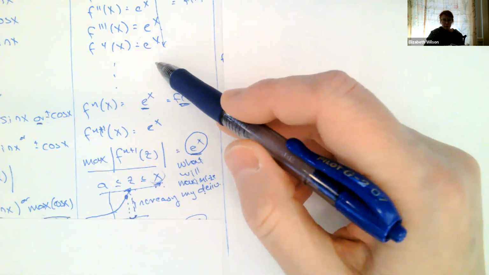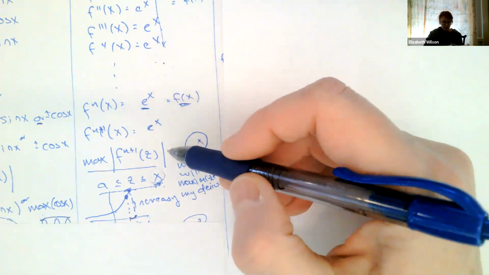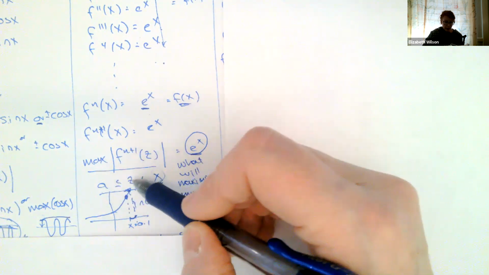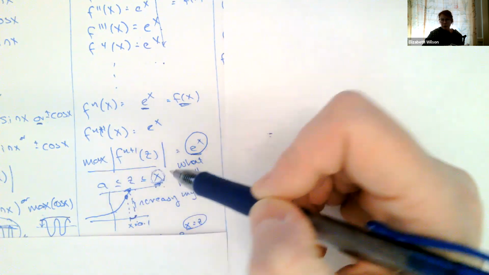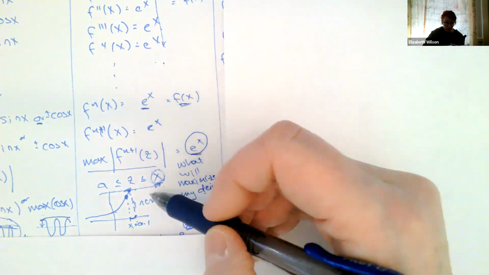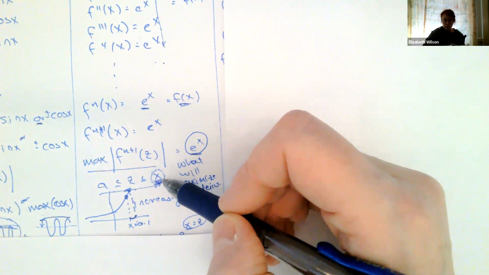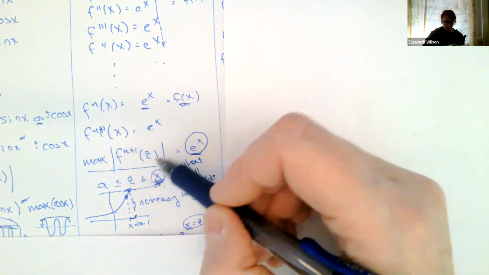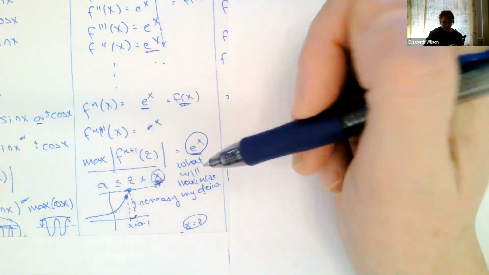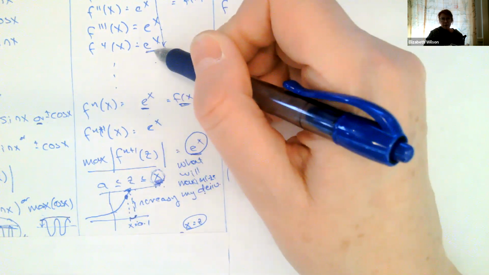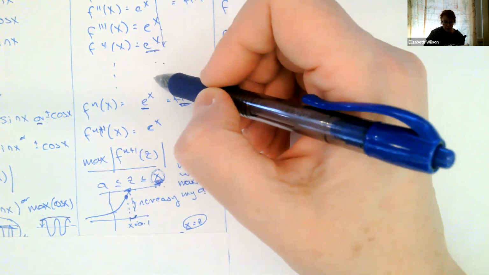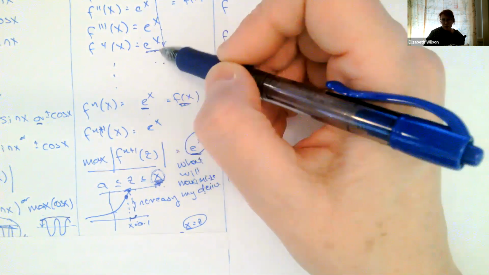If I plug in my z, which is between a and x, and say this value will maximize my derivative, the problem is that that's the function we're evaluating. That's the solution I'm looking for. It won't give me an upper bound. It'll give me an exact answer for my error.